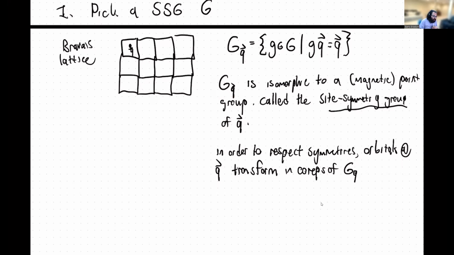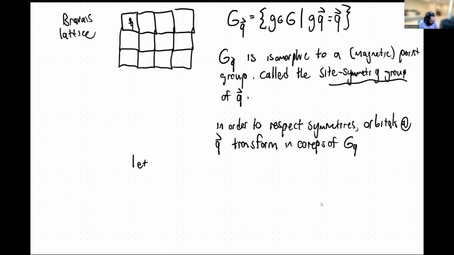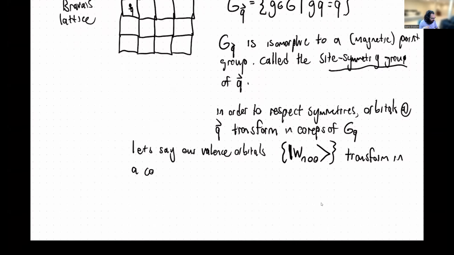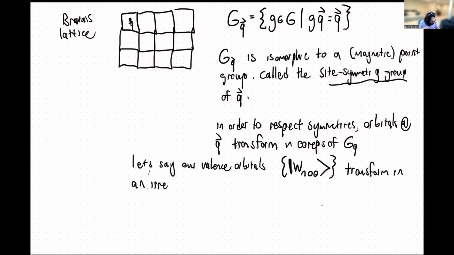So let's say that we are only considering the valence orbitals of some atom here, and let's say that our valence orbitals, which I'll denote by W_N^{0,0}, the meaning of those two zeros will become clear soon, transform in one irreducible co-representation, which we call a co-irrep.